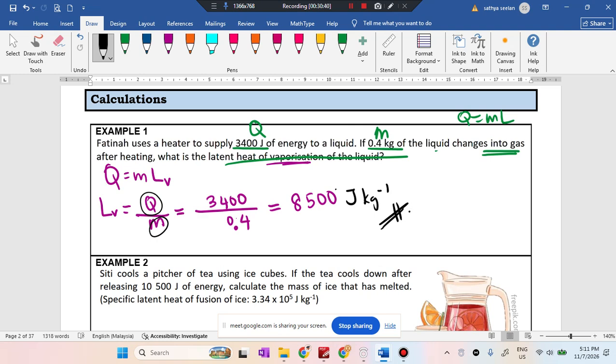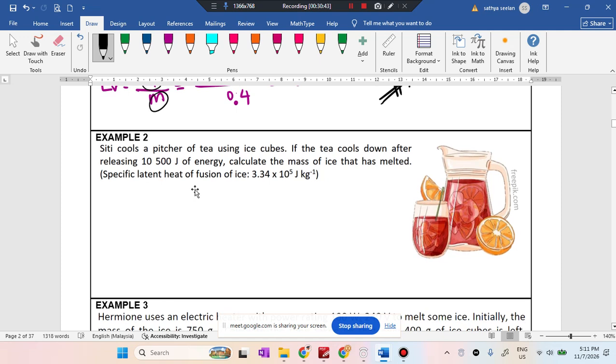Okay, next one. Siti cools a pitcher of tea, pitcher P, using ice cubes. If the tea cools down, ini dia cool down lah, 10,500 joule of energy. Calculate the mass of the ice that has been melted. Oh, okay.